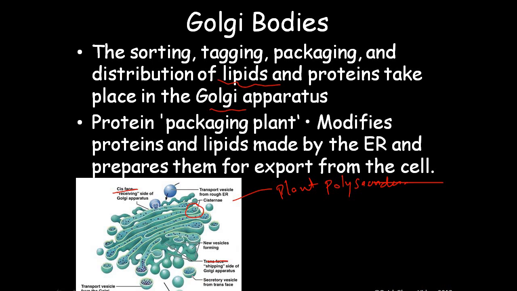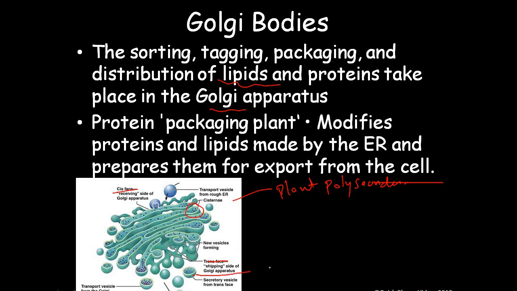The secretory vesicles connect to the plasma membrane and take the material outside the cell. This is how Golgi bodies transport material from inside the cell to the outside. These secretory vesicles fuse with the plasma membrane and release the content outside the cell.